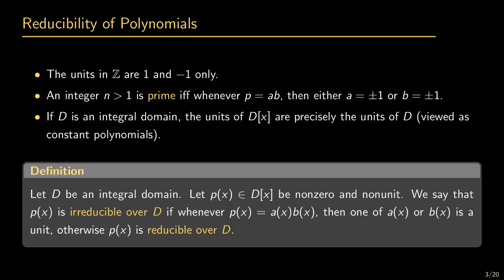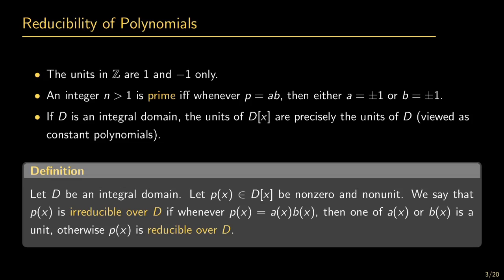So here, we take an integral domain D and a polynomial p(x) over D which is non-zero and non-unit. Okay, first of all, we do not consider the zero polynomial and the unit elements in this case.